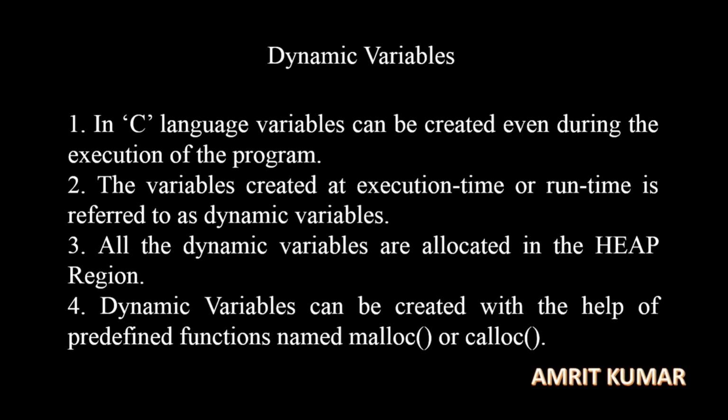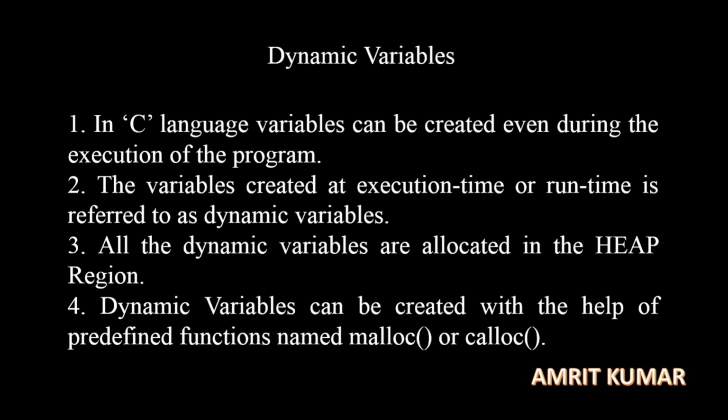If you have forgotten, you can go and watch the C memory structure video. So all the dynamic variables are allocated in the heap region. In which region? The heap region.